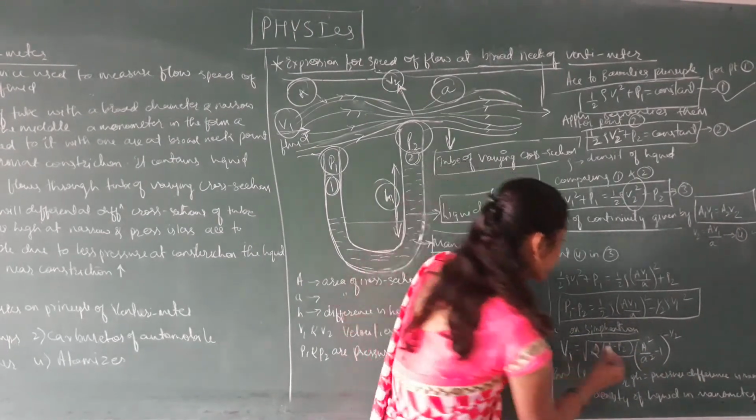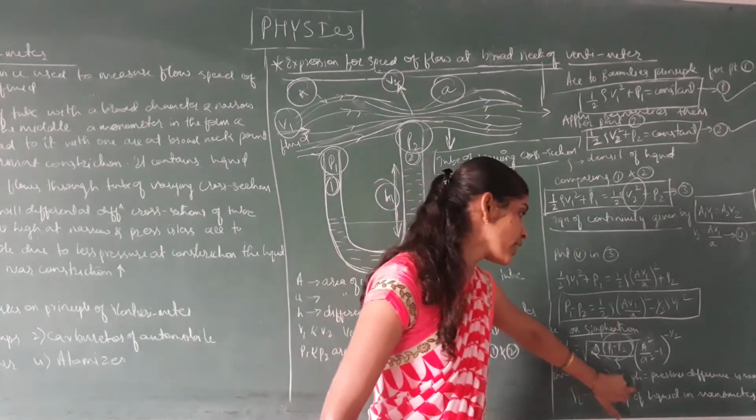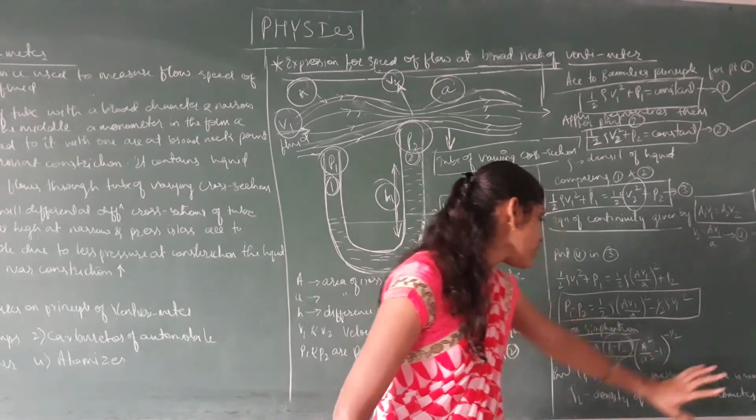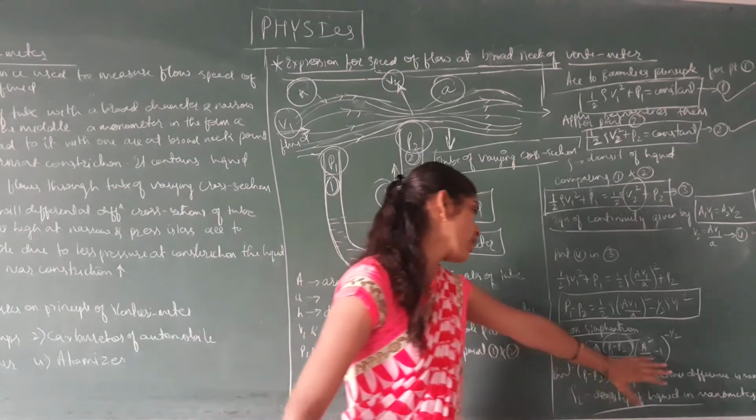Here p1 minus p2 is equal to rho L g h, the pressure difference in the manometer, where rho L is the density of the liquid in the manometer.